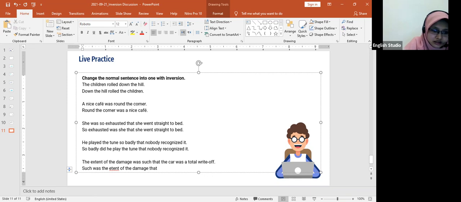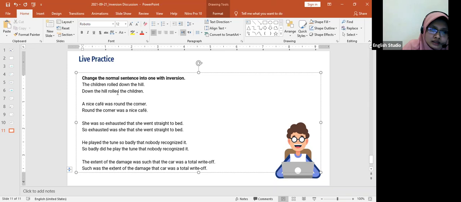The car was a total write-off. Jadi gini, untuk such memang cenderung lebih gampang. Bahkan I can say that it is the easiest one ya. The easiest one cuma diganti jadi such was bla bla bla, terus diganti that bla bla bla. Jadi ini yang paling mudah di antara yang lain kalau menurut saya.